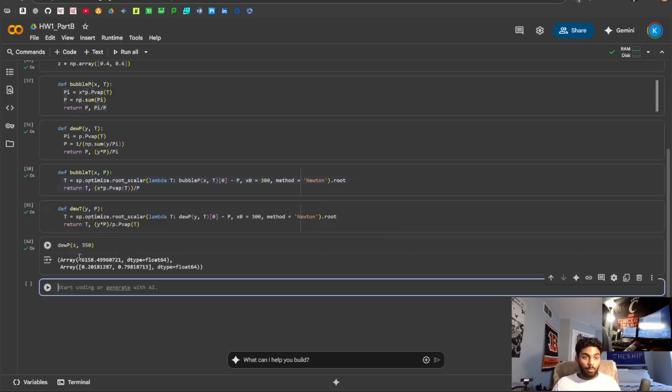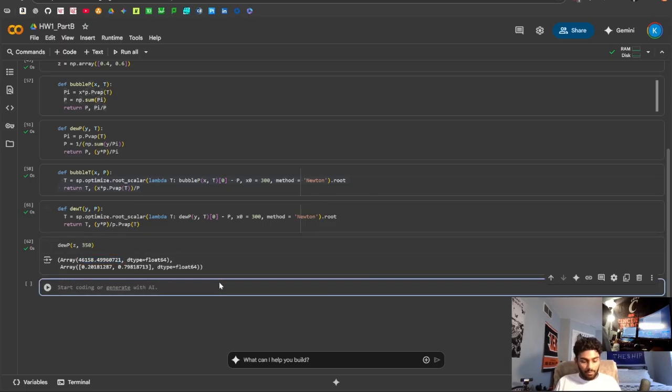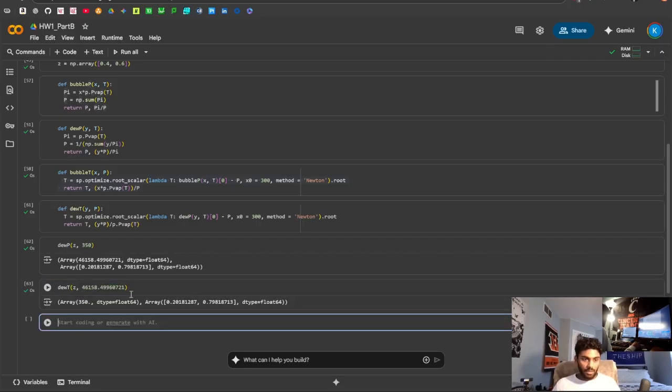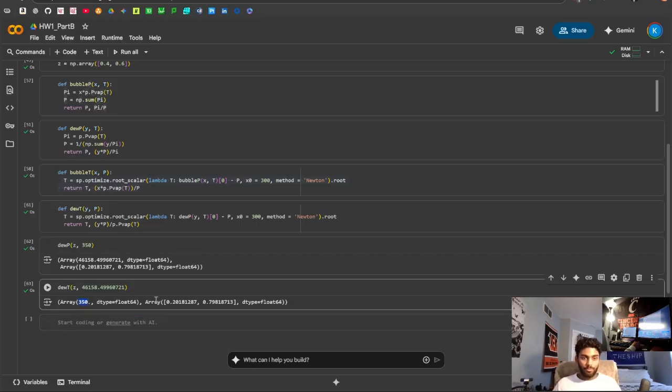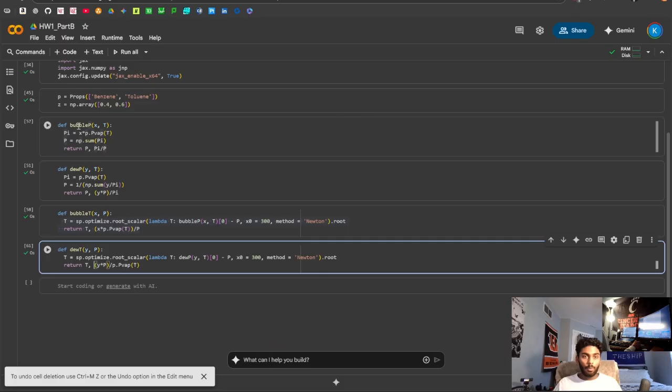We have an output for our dew pressure, Control C, and now our dew temperature, dew T, input Z and our pressure. It should give us back our 350 Kelvin, and we now have our vapor phase mole fraction. So that is all 4 of our bubble point and dew point calculations coded out.